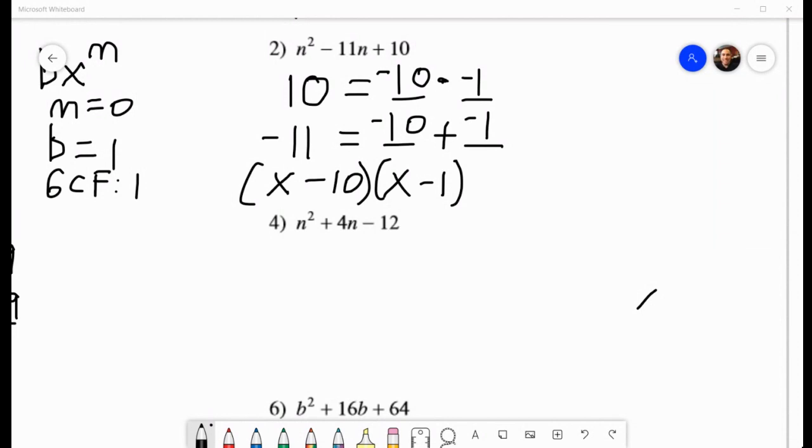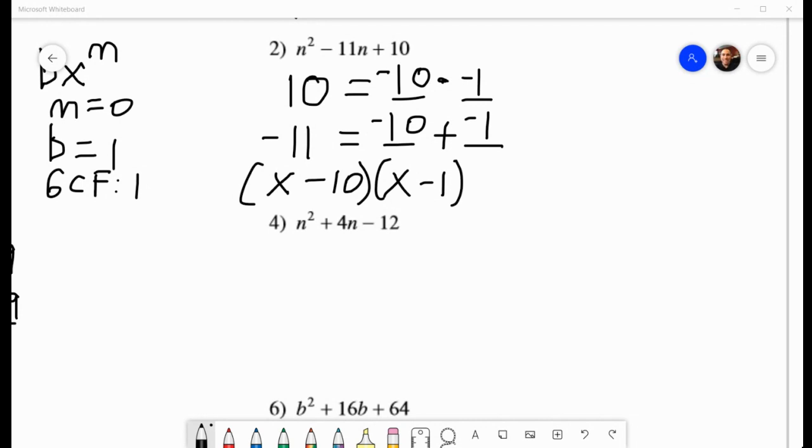Okay, so now let me do this. Same idea. We have 3 terms. The degree is 2, and the leading coefficient is 1. And remember, just like in the first one we did, if you tried to factor out the GCF, you would get 1.